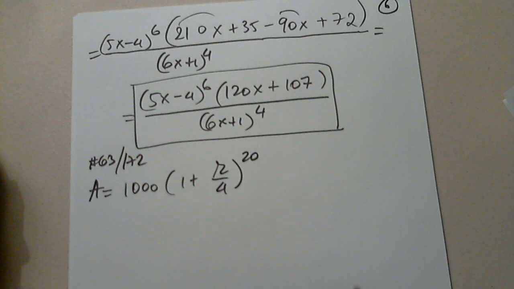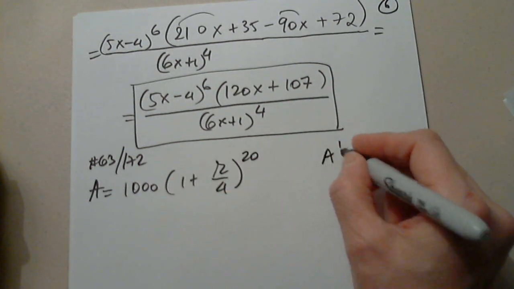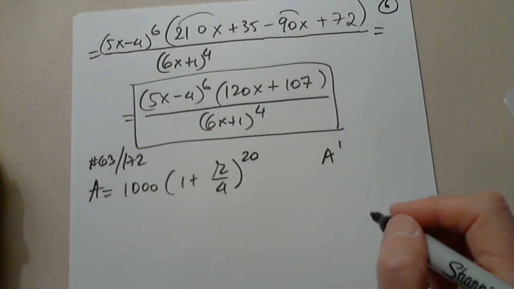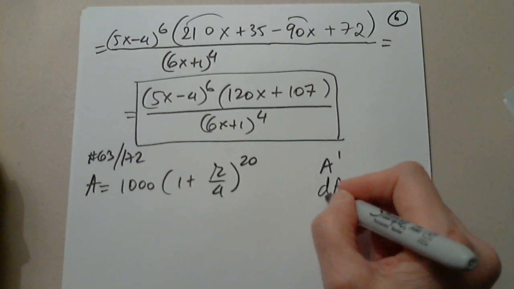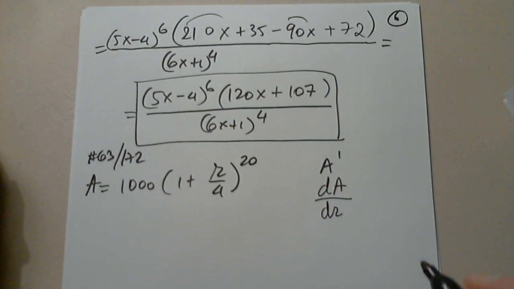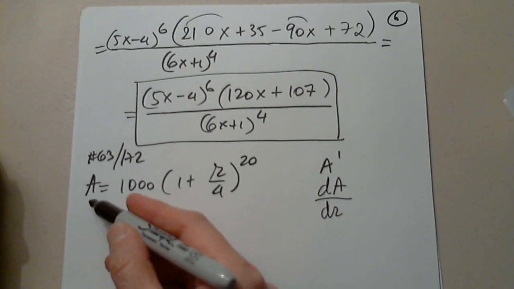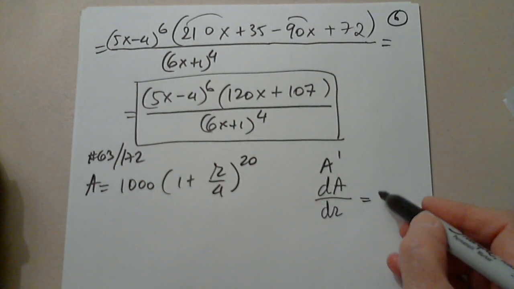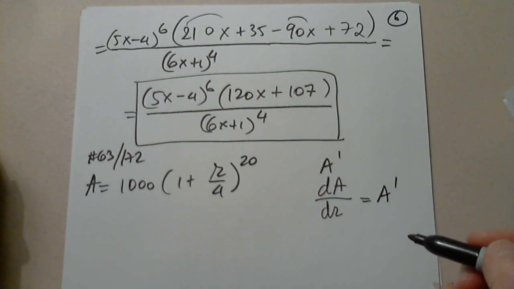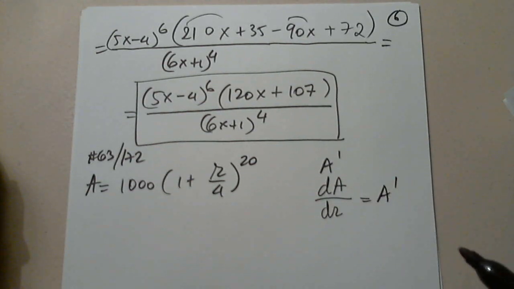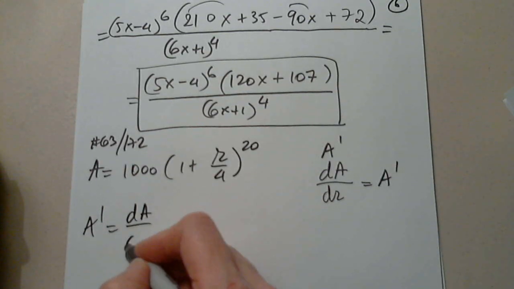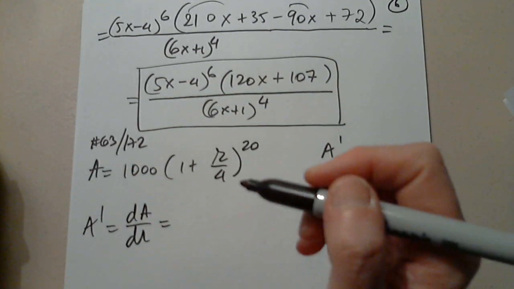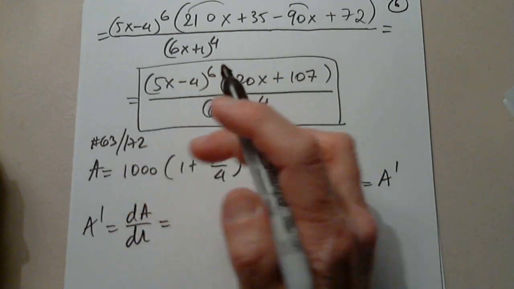Okay. So we can be asked to find A prime. They wanted to be a little bit more sophisticated, and they said, okay, find dA over dR, which means A is a function of R as we see it here, but it's the same thing with finding A prime. It's a different notation. So in order to find A prime or dA over dR, see, this is a number in front.